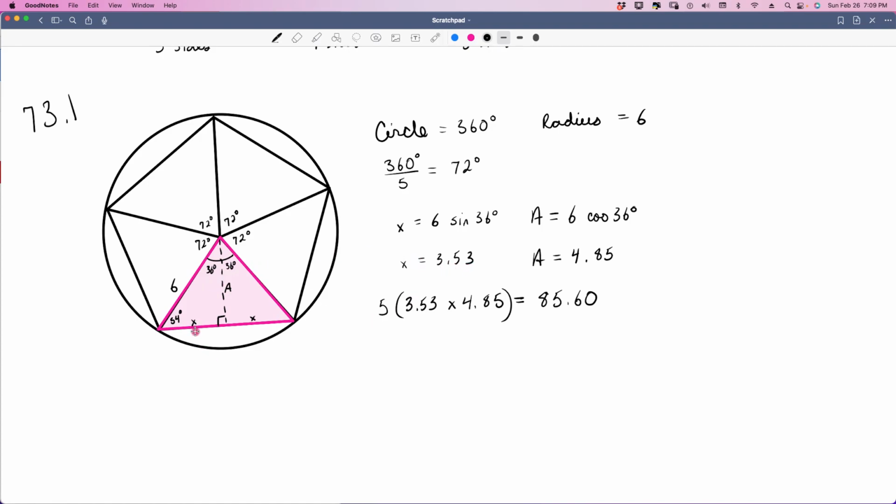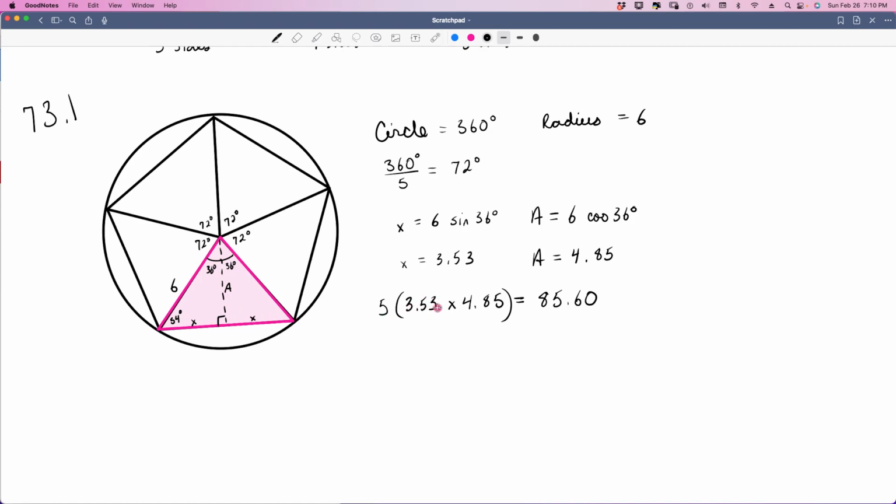So x is equal to 3.53. And then I found the cosine of 36, which is going to give me the adjacent. Remember, the sine gives you the opposite, and cosine gives you the adjacent. The adjacent, or the cosine, gives you the apothem. So that was 4.85. So now all I need to do is find the area of the triangle and multiply it times 5 triangles to give me the area of the pentagon.